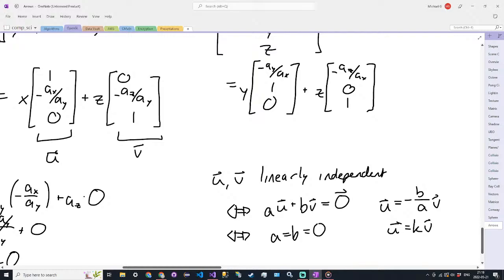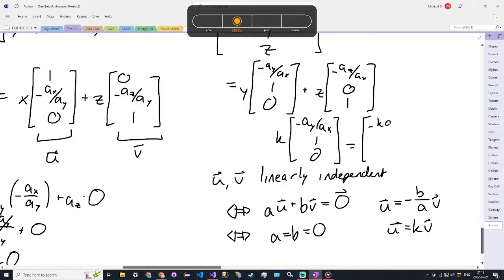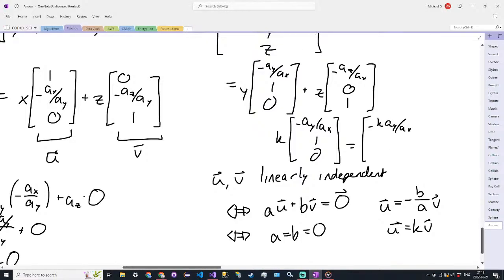Well, if we multiply the first vector by k, so k times minus ay over ax, 1, 0 is equal to minus kay over ax, k and 0.